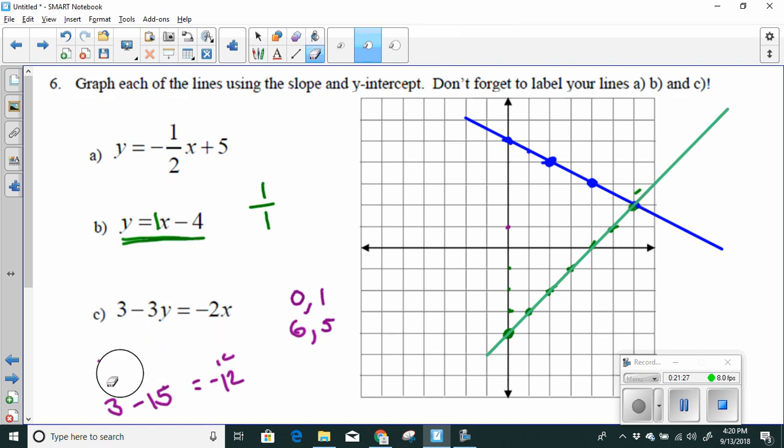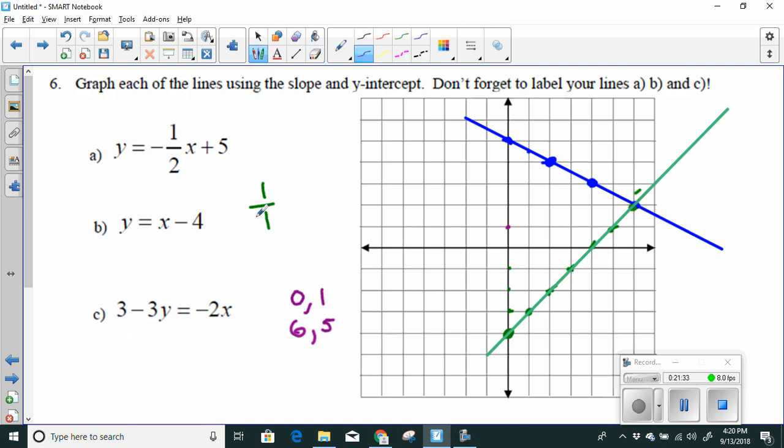It's easier to take this equation and put it in y equals form. If I put it in y equals mx plus b form, y equals slope x plus b, it will be much easier to graph. In order to do that, I would suggest starting by subtracting 3 from each side of the equal sign.